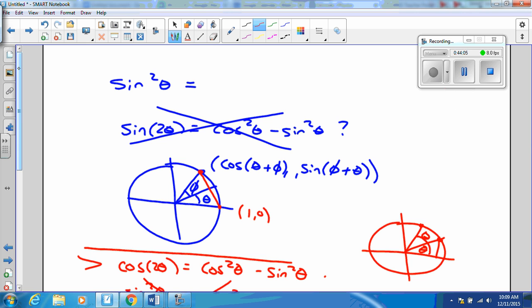No. You had something really weird. Wow. You got sine 2 theta. Oh, we have the same thing, so it's different. Yeah. Not the same at all.